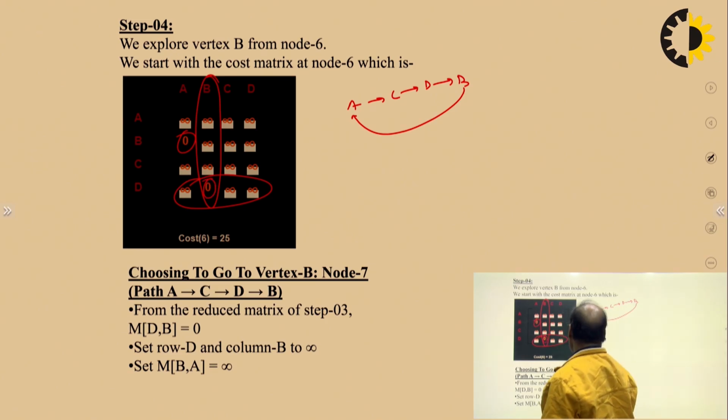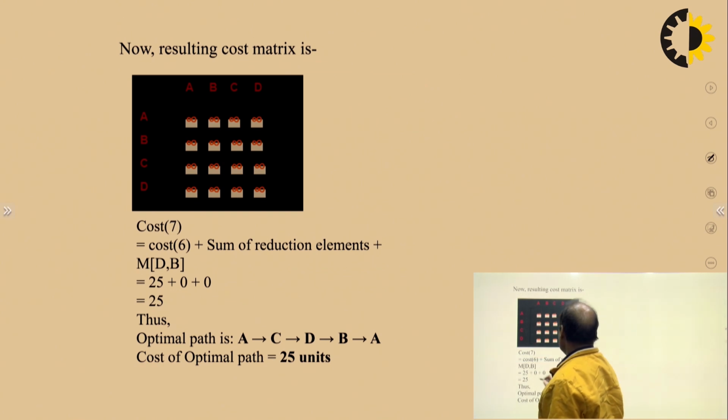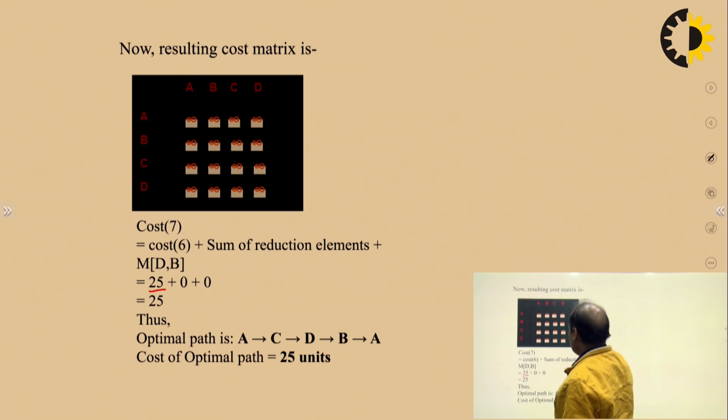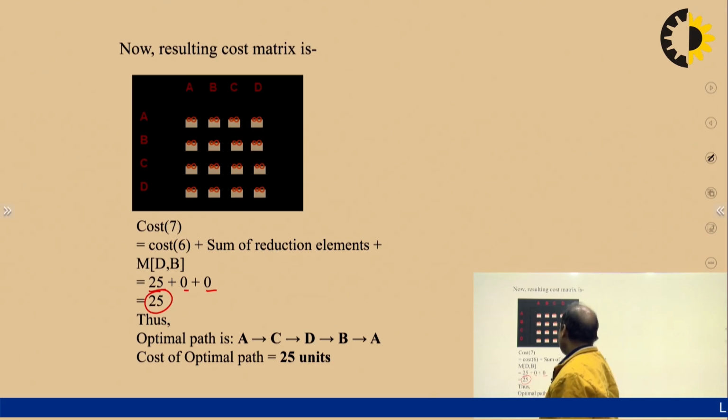After doing this, you will see that this 25 cannot be reduced. The entire matrix will be infinity. This is 0, and the sum of reductions is 25. So the overall cost of the salesman tour is 25.